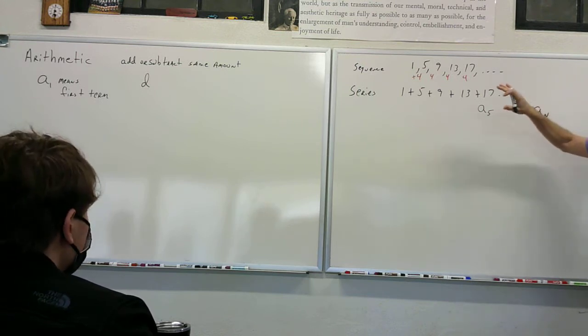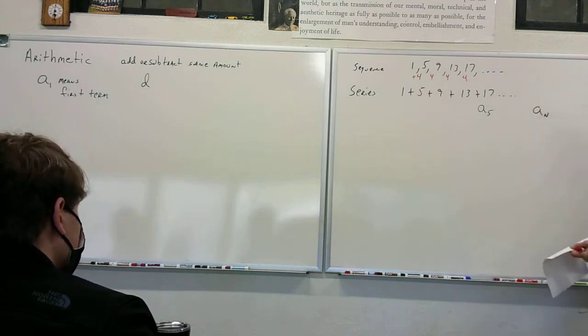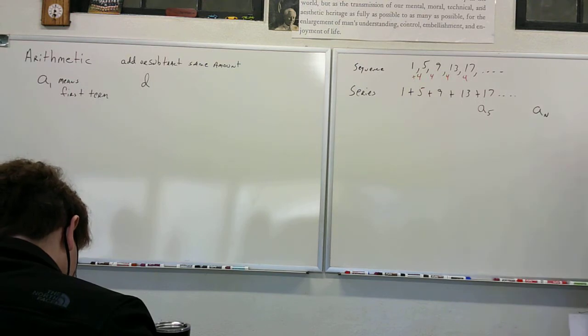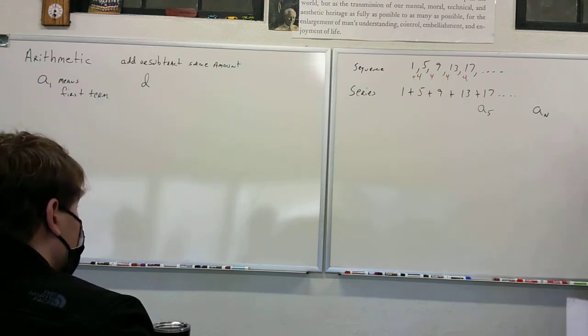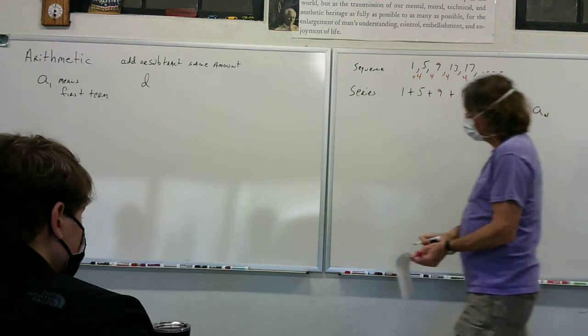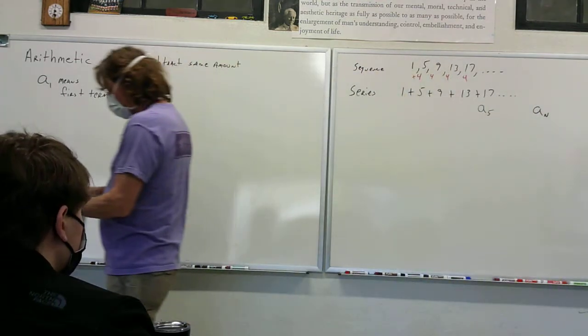You want to add all those terms up to that 100th term. A of 100 equals what? 397. You want to add them all up. Fair enough? Okay. Show you how to do that.